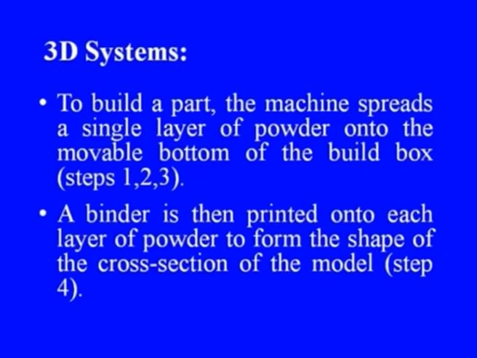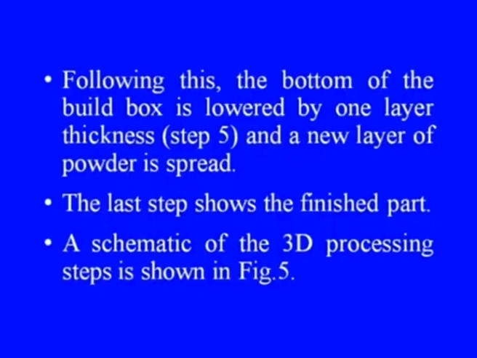Then a binder is printed onto each layer of powder to form the shape of the cross section of the model. Following this, the bottom of the build box is lowered by one layer thickness and a new layer of powder is sprayed.